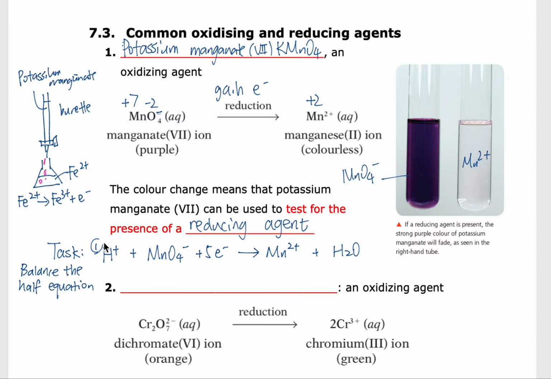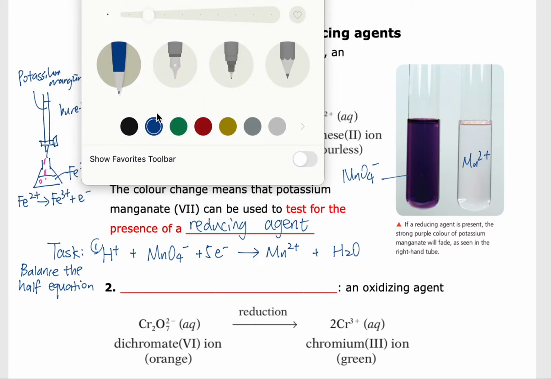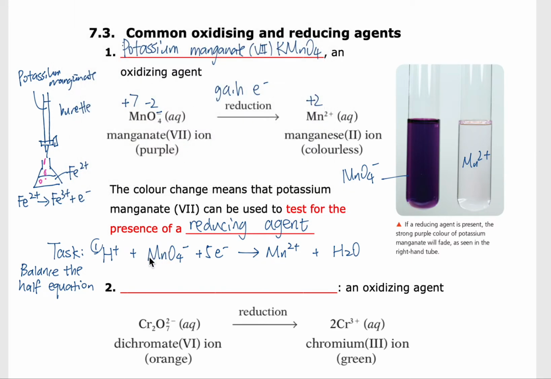Moving on to the half equation, since we have talked about the oxidation reaction, losing electrons, let's have a look at the reduction reaction, gaining electrons. So how to balance such an equation? It's very complicated.